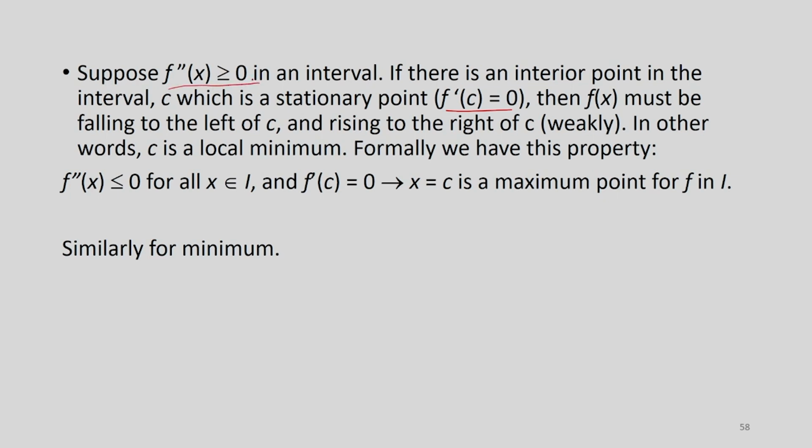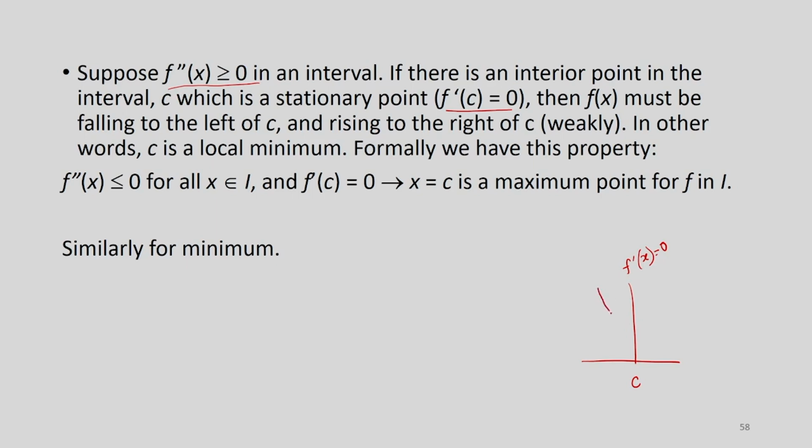You have a convex function because the second derivative is positive, and at some point C, suppose f dashed of C is equal to 0, right. Then what does it mean? It means that here f dashed of C has become 0, but the second derivative is always positive.